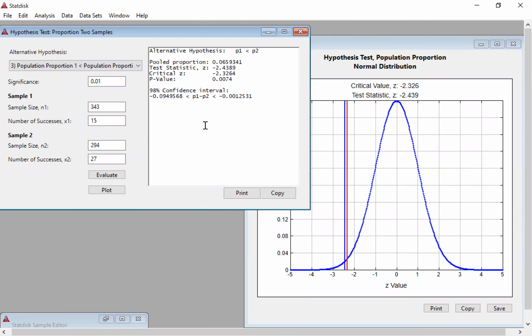So the important information that we're going to be taking back from this is our z-score, which is -2.439. I'm taking it as it's shown on the plot screen. And then our p-value, that is 0.0074.